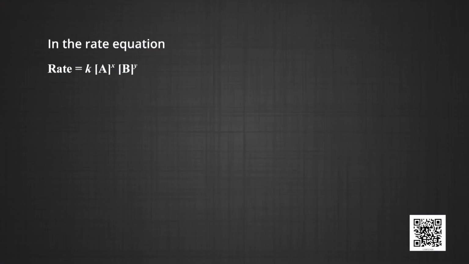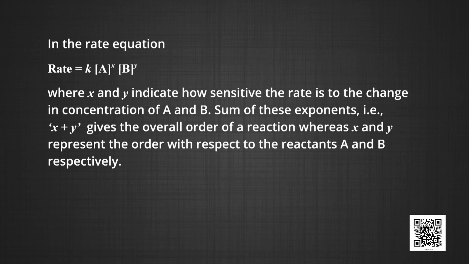Now, let us discuss another concept, that is the order of the reaction. In the rate equation, rate equals k [A] raised to power x and [B] raised to power y, where x and y indicate how sensitive the rate is to the change in the concentration of A and B. The sum of these exponents, that is x plus y, gives the overall order of a reaction, whereas x and y represent the order with respect to the reactants A and B respectively.